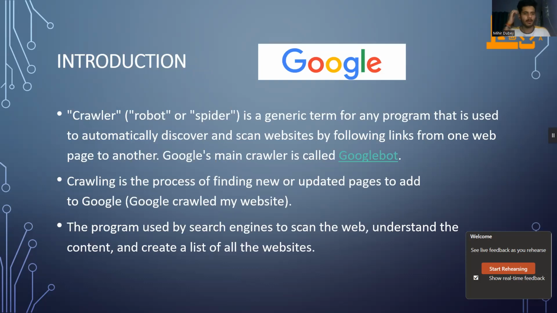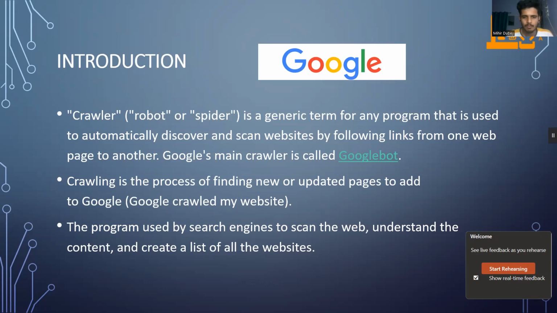First, I'm going to talk about how a crawler works. A crawler, also called a robot or a spider, is a generic term for any program used to automatically discover and scan websites by following links from one web page to another. Google's main crawler is Googlebot.